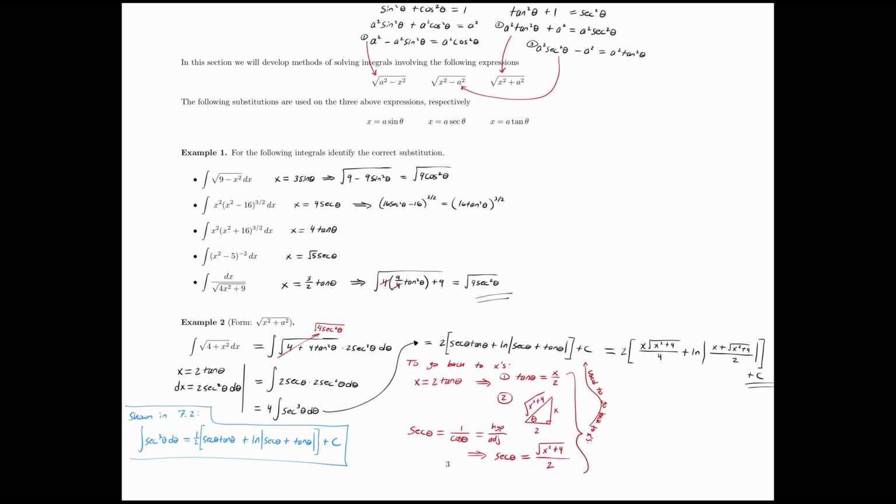Notice that since this was a definite integral, unlike the previous example where we needed to draw the triangle in order to go back to the original variable using our trig substitution, as long as you change your bounds at each substitution that you make, so once for the trig sub here, and then again when we did the u sub, if you change your bounds each and every time, then there's no need to go back and back substitute.